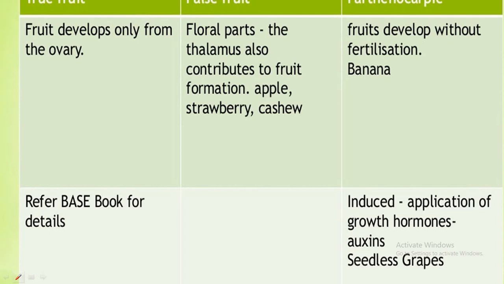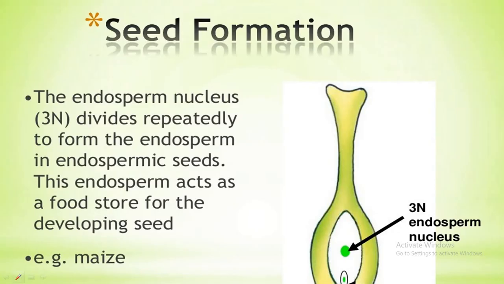Let us see the structure of the seed. A typical seed consists of a seed coat, cotyledon, and an embryonal axis. The seed coat is often double layered, formed by the integuments.